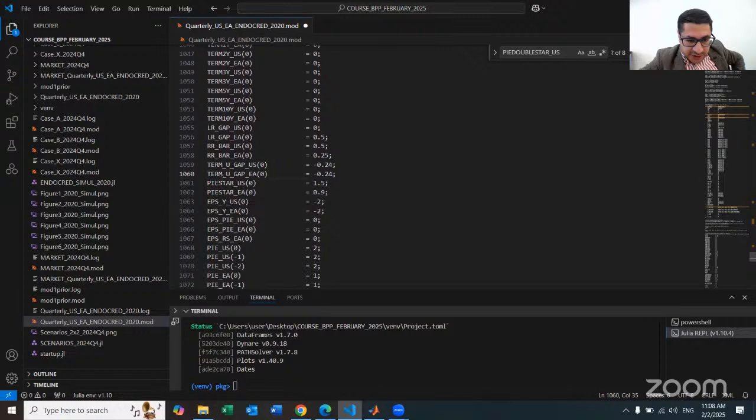And the long run, which is very important, the long run inflation target for US and euro area, they are time-varying inflation targets.